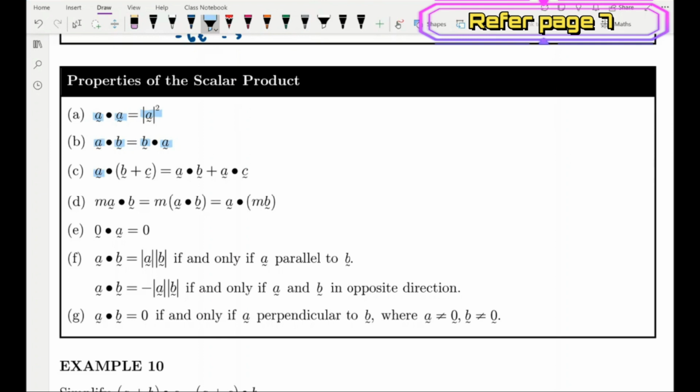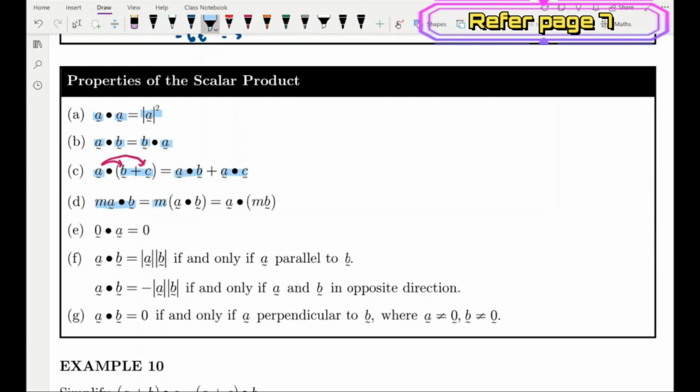Okay, so we have A dot (B plus C). We just expand: A dot B plus A dot C. Also, we can rewrite M multiplied by A dot B such as like this.